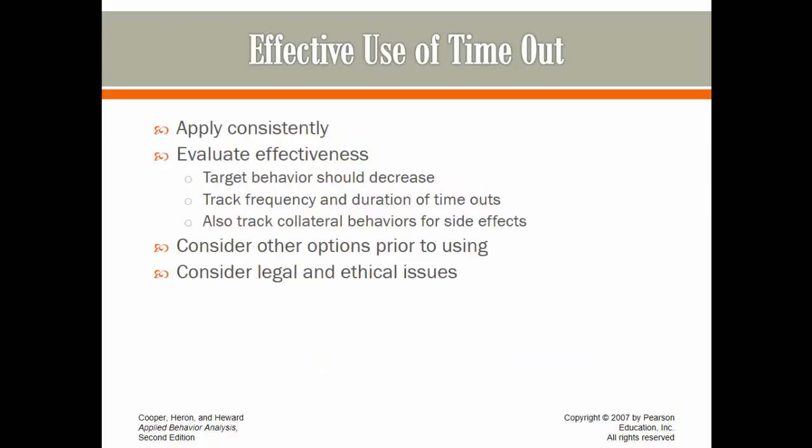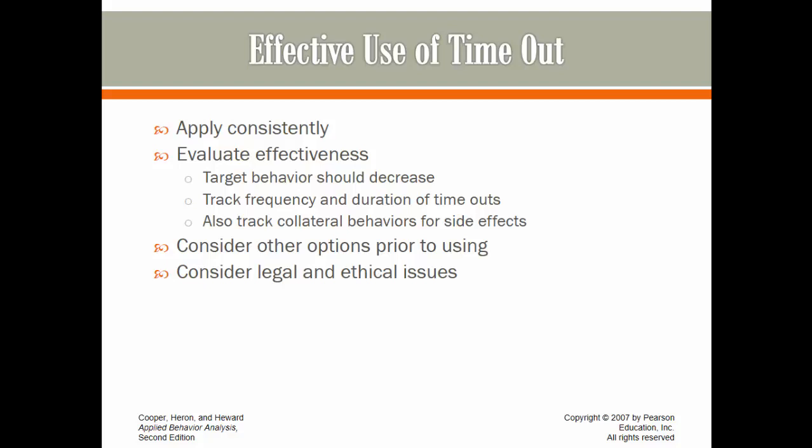Timeout is effectively implemented if it's applied consistently, if you are able to implement timeout in a calm and effective manner, and also evaluate the effectiveness. Remember, timeout is only an effective punishment procedure if the target behavior decreases.